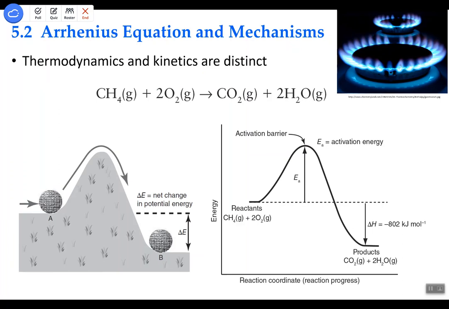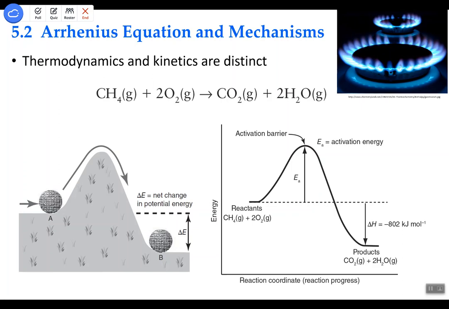We introduced the idea of these reaction coordinate diagrams, and we need to know how to interpret them, where a reaction could be thermodynamically favorable. It could be exothermic, where the products have a lower energy than the reactants. But in order for the reactants to get to the products, they have to overcome this activation energy barrier.